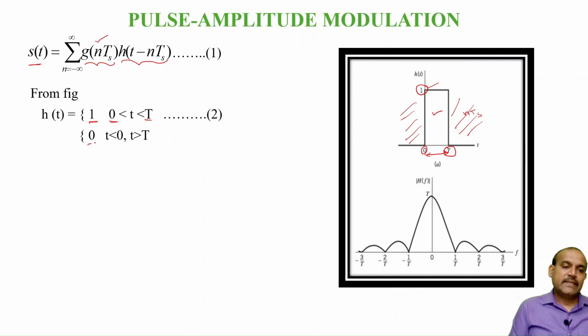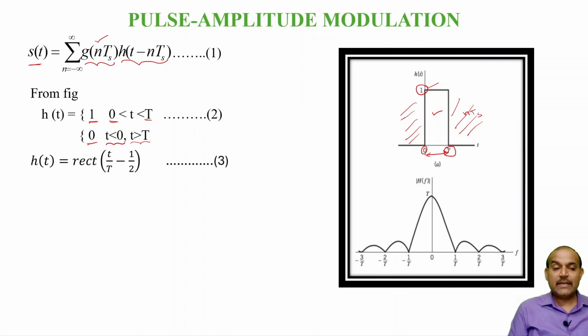Therefore h of t is equal to 0 when t is less than 0 and also when t is greater than capital T. All these durations h of t is 0. So this is nothing but a rectangular pulse, and I can replace h of t with a rectangular signal.